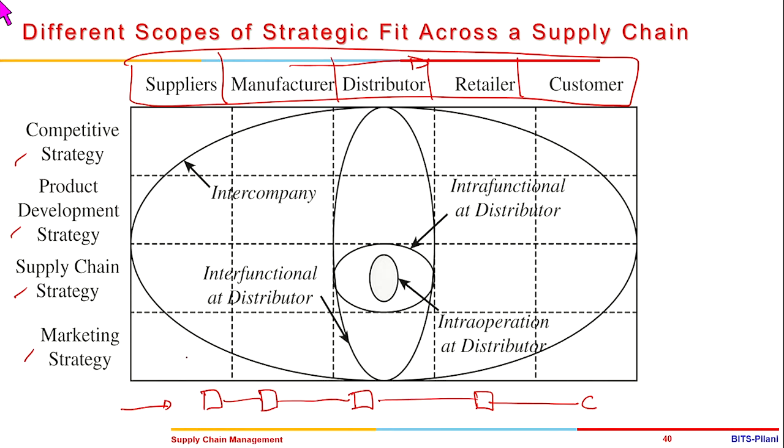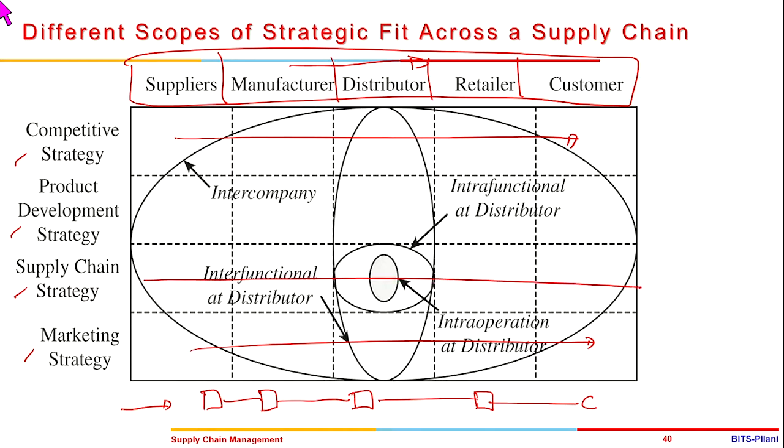So a supplier can have that, a manufacturer can have that, a distributor can have that, and a retailer can also have that. Not only the competitive strategies of all these should be aligned, not only the marketing strategies of these should be aligned, as far as supply chain management is concerned, these should also be aligned.